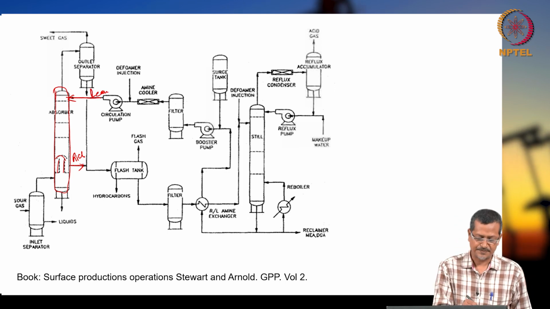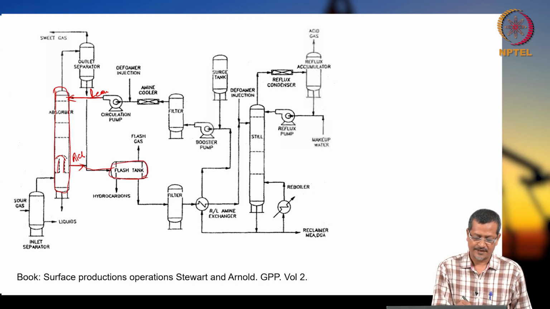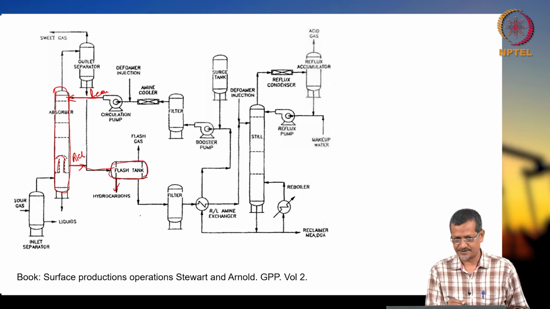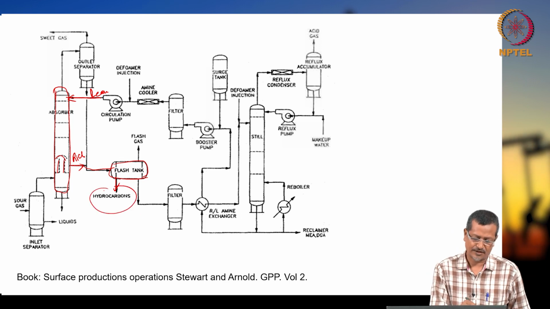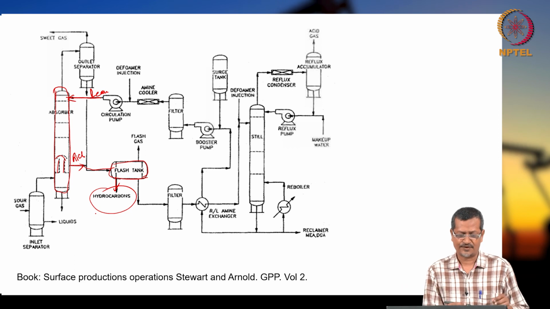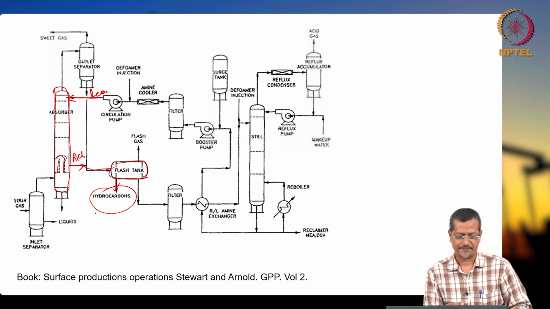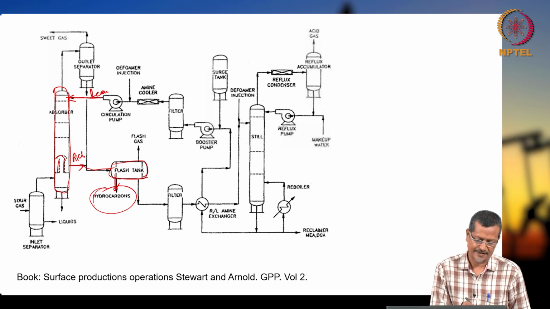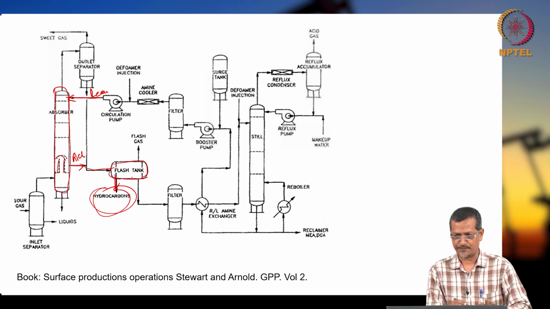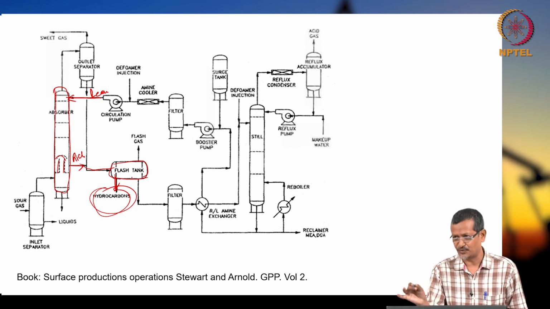So the rich mixture coming out goes to the flash chamber or flash tank, and if there is extra hydrocarbon, you take it out. These are longer chain hydrocarbons, so you are not selling them with the gas; you may sell them separately. So that long chain hydrocarbon you collect here. That is not our purpose at this moment. Our purpose is basically to remove H2S and CO2.